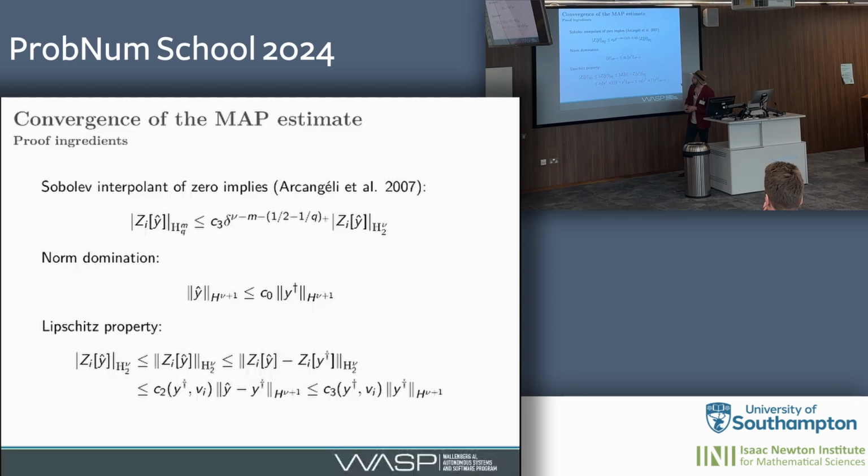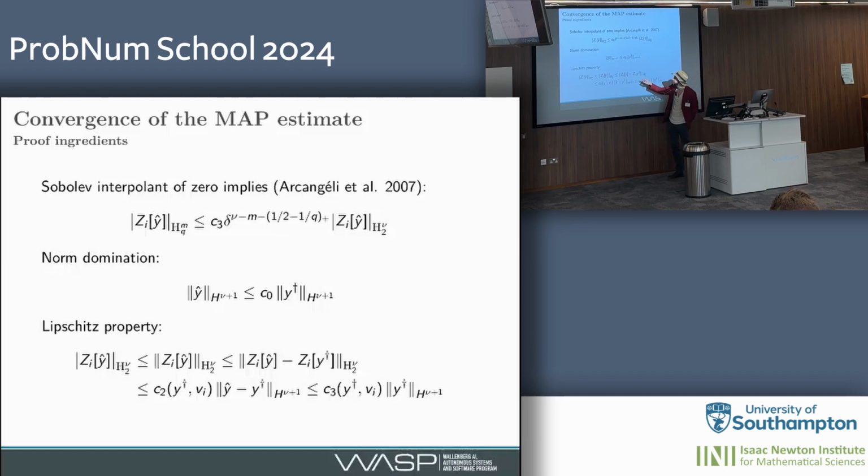So I'm also going to need a kind of Lipschitz property of this Z. First I take the semi-norm of smoothness nu, and that's of course smaller than the norm of smoothness nu. And now I can take minus Z at the true solution, because by definition Z evaluated at the true solution is 0 everywhere.